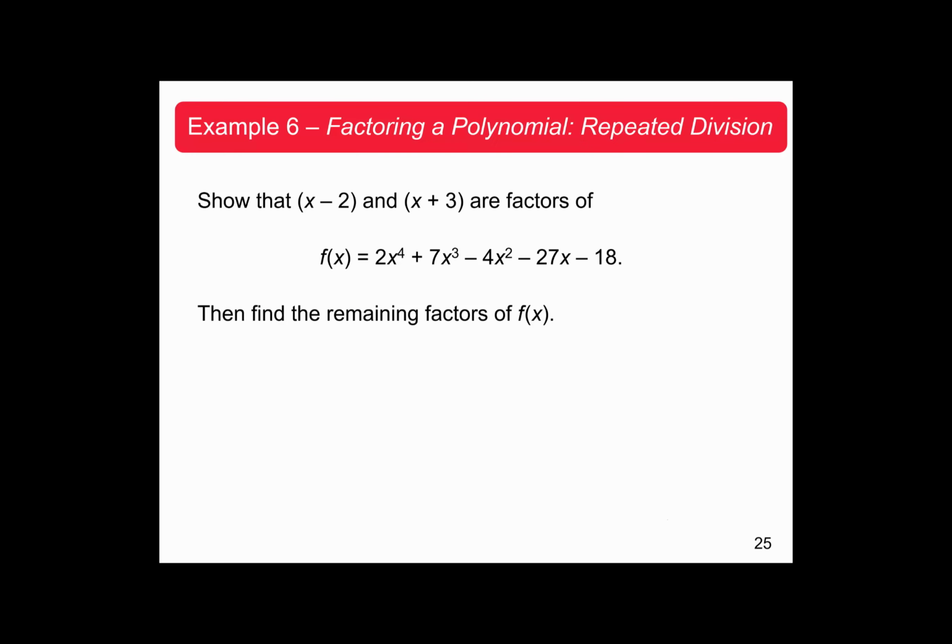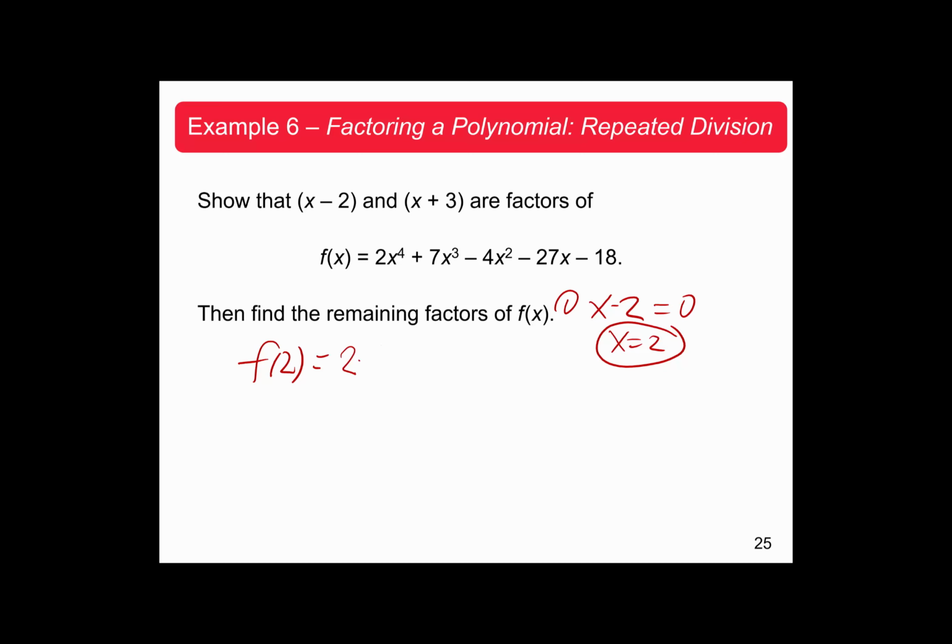That's what is said. So for example, we show that x minus 2 and x plus 3 are factors of f of x equals 2x to the 4th plus 7x cubed minus 4x squared minus 27x minus 18. So here, for the first factor, you take out the first factor and solve for x equal to 2. Okay. So that means f of 2 must be equal to 0.